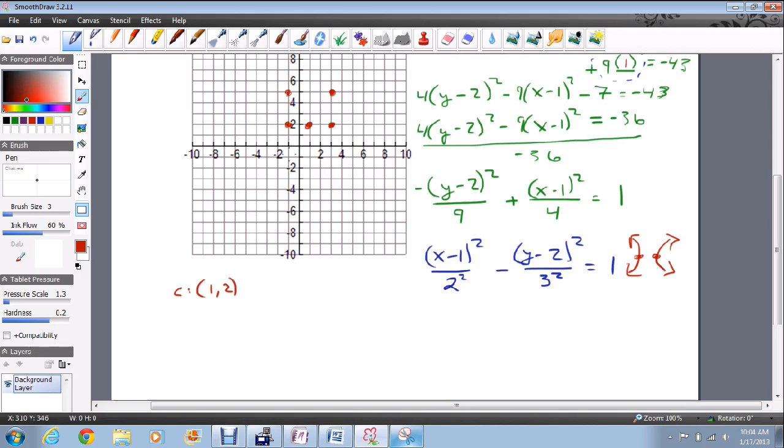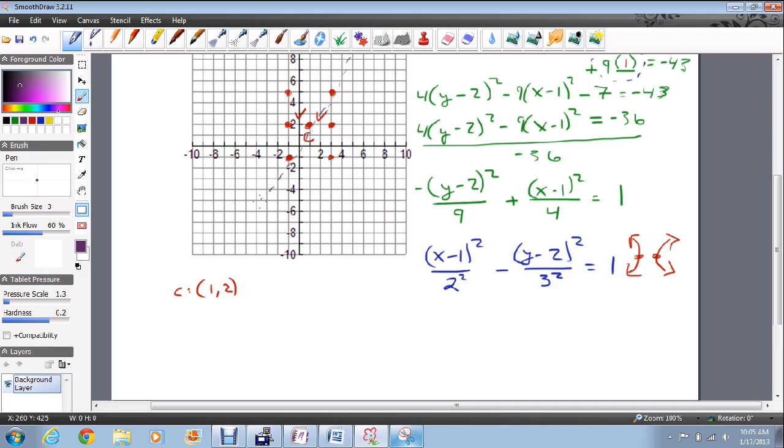So 1, 2, 3 gives us a point right here. And down 3 from the vertex again gives us a point here. So here's my 2 vertices. This point here is my center. I'm going to sketch some diagonal lines in just to help give us a little bit better picture.